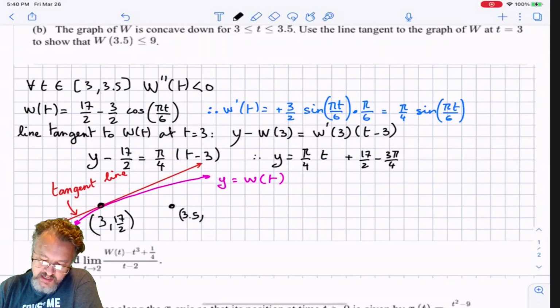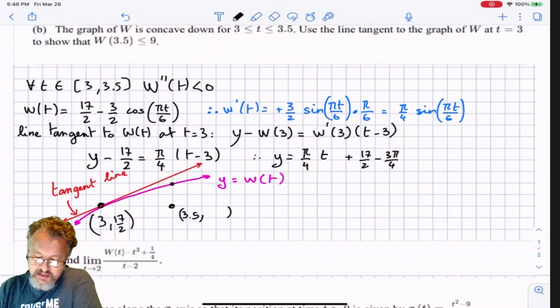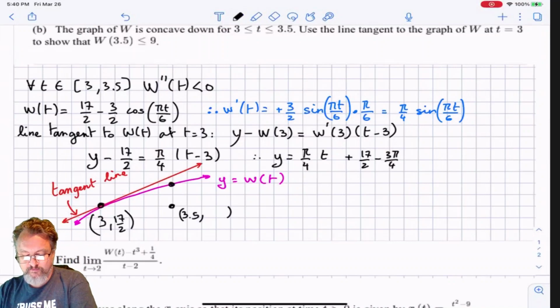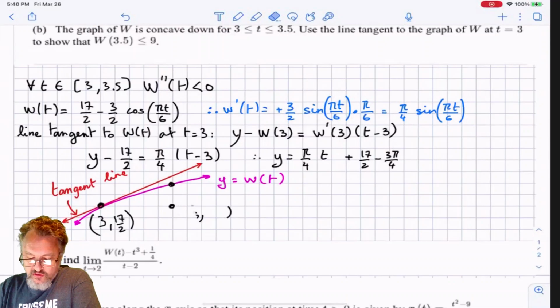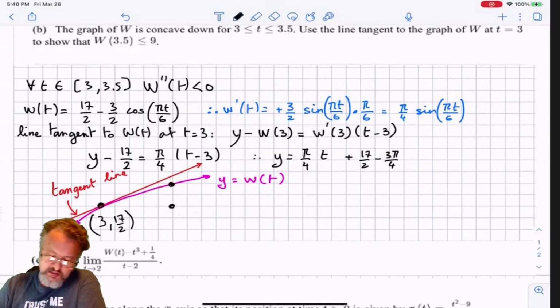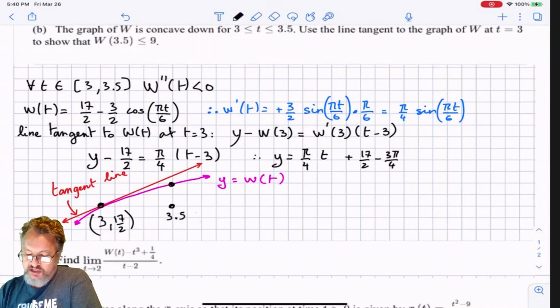We are not asked to figure out the value of the function right here. We don't really care about it. We want just to show that this is less than 9. So I have a hint, I have an inkling right here that what we need to do is maybe replace this value of 3.5 in the tangent line to see what's going to happen.